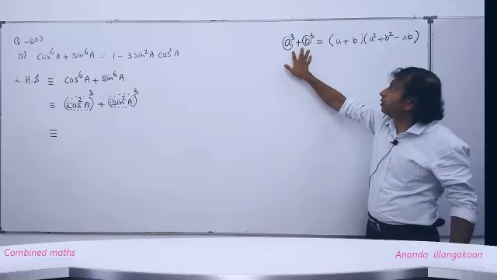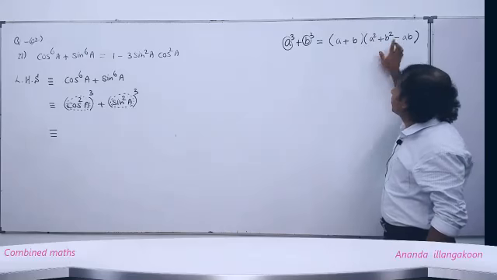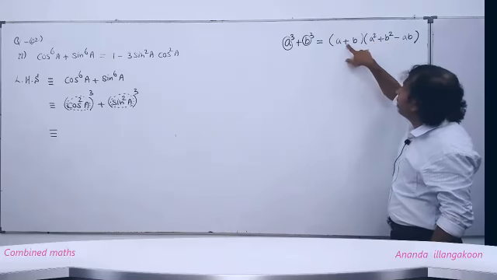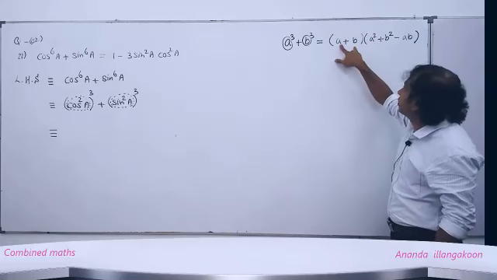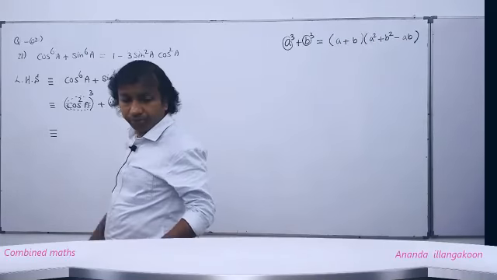Then you get a plus b, that is here. Then using this first factor, you can find the second factor. Here are the first, here are the second, add them up, and take your sign to the opposite, multiply this. That way you can write the factors.